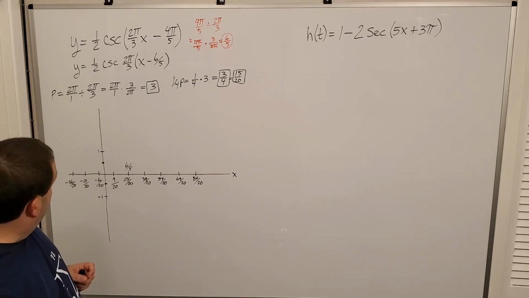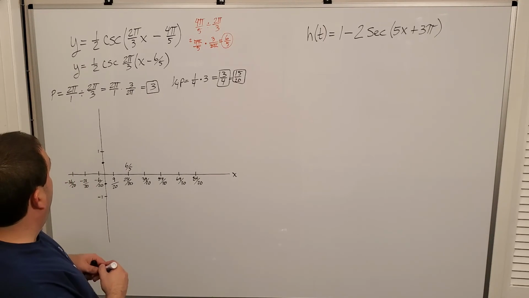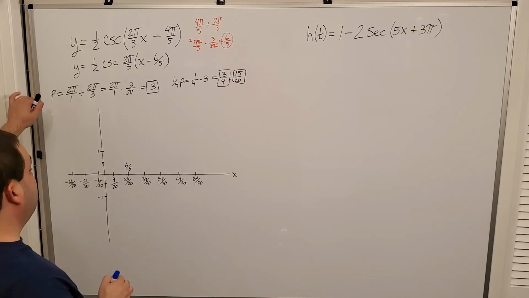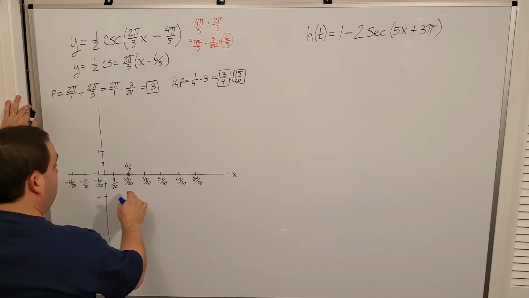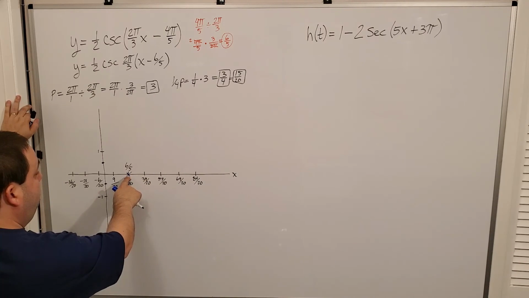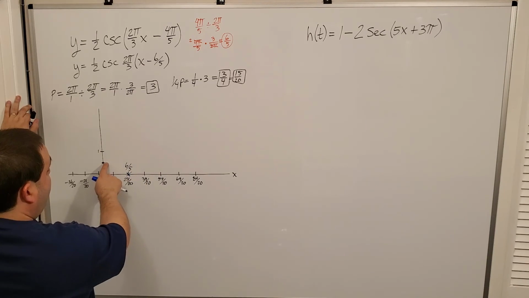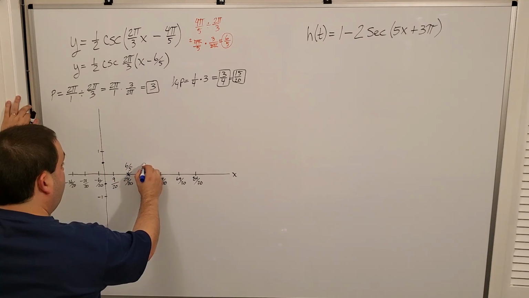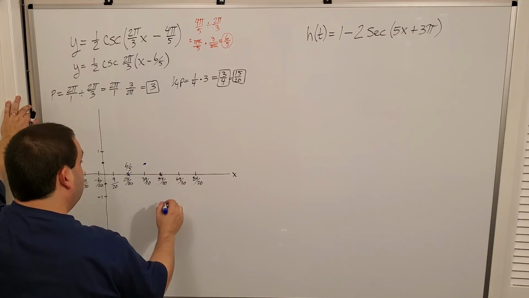You could kind of call it amplitude. Okay, so let's draw in the starting point. Cosecant, the reciprocal, is sine. So that means it starts in the center. Here's the center, right here. And then sine starts by going up to a peak. The peak is right here at the 1/2 mark. Then back to center.